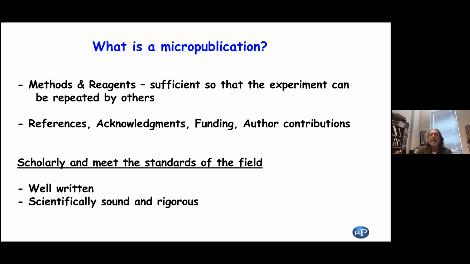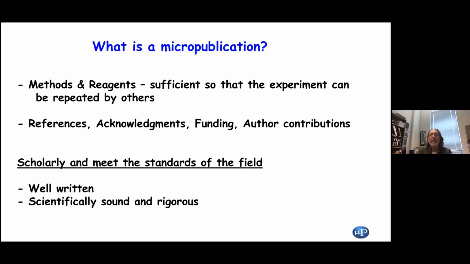Also, it has methods and reagents, and the methods should be in sufficient detail to allow it to be repeated by others or referred to other papers where the methods are described in sufficient detail. And then, of course, it has the standard references, acknowledgements, funding, author contributions.